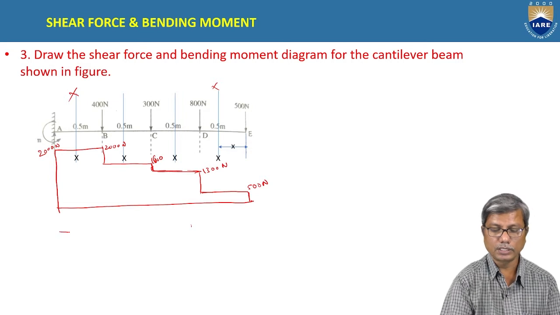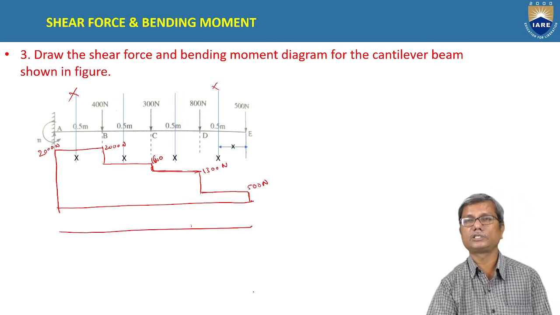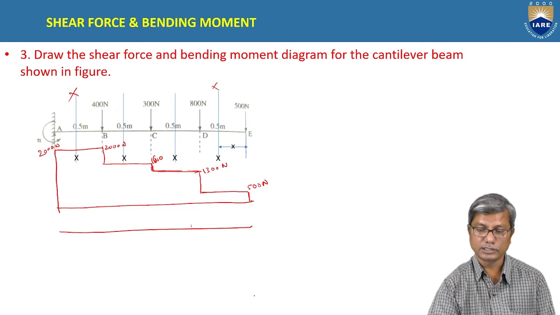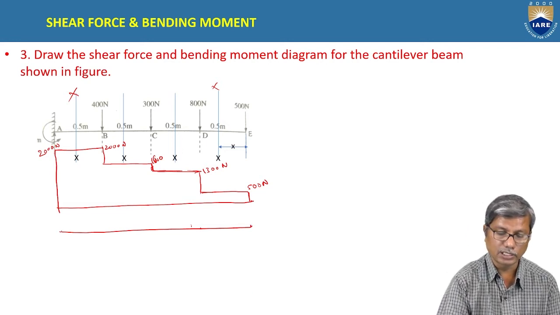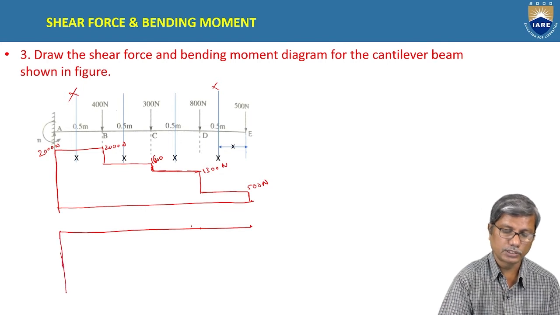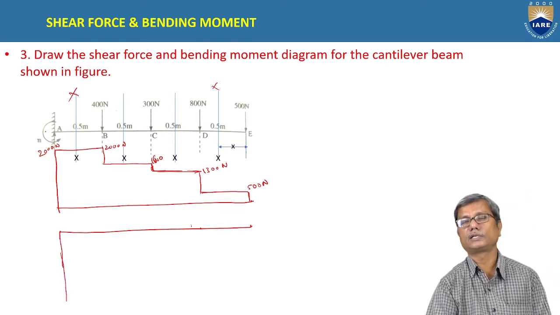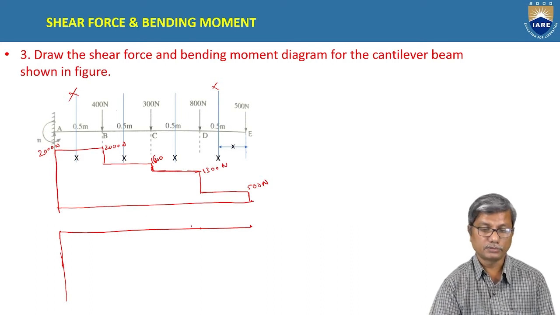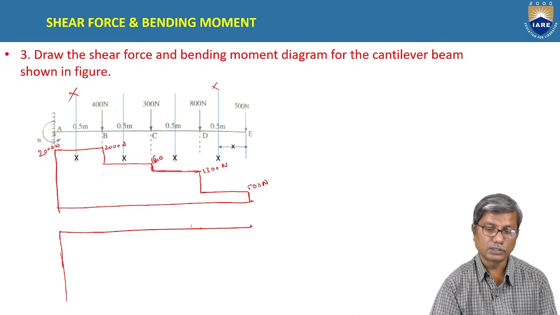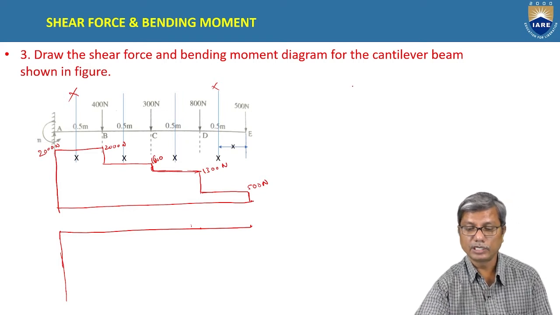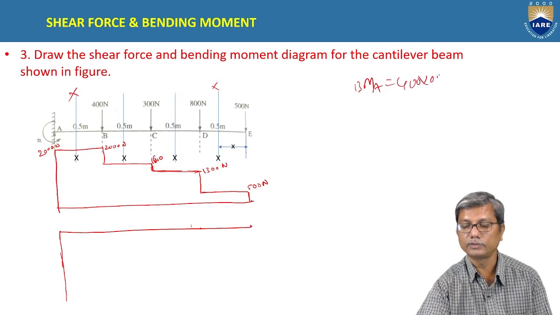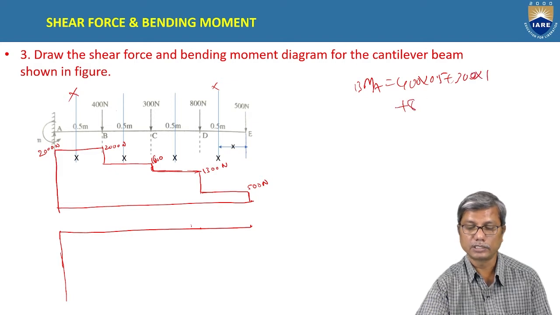Okay, we go on adding the bending moments. Here it is only linear variation, so we can calculate easily. Bending moment at D, all are negative bending moments only here. So, what is the bending moment at A? Bending moment at A is 400 into 0.5 plus 300 into 1 plus 800 into 1.5 plus 500 into 2.